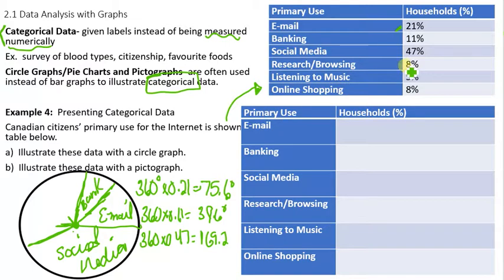Research and browsing, 8%. So let's multiply 360 times 0.08. You get 28.8 degrees. The next one is 18 degrees, and this one is going to be 28.8 degrees. So go back over here.